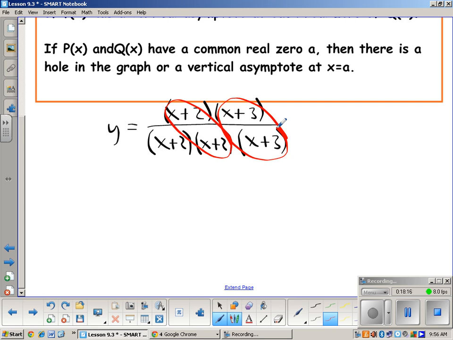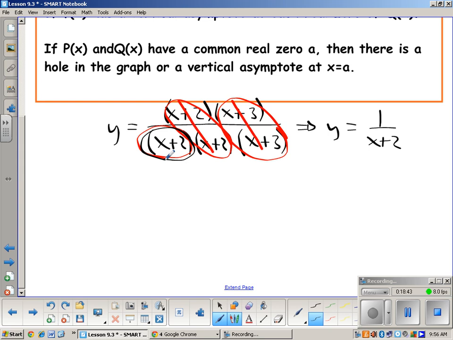But we have an additional zero here, again at x plus 2. If we were doing the algebra, these would cancel, and I would end up with y equals 1 over x plus 2. This one is left over here.